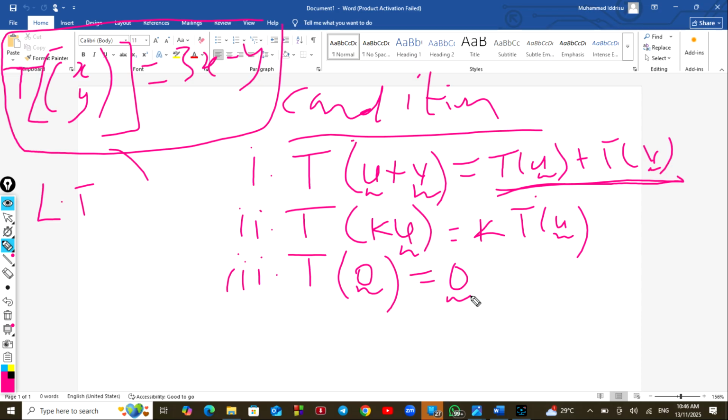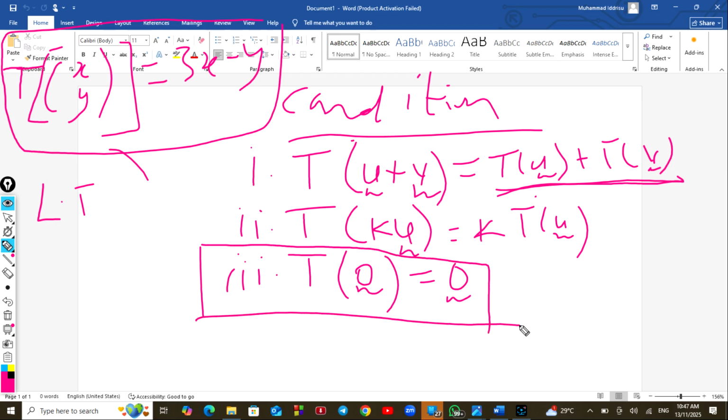So let's perform the minor condition first. Let's test it to see whether our transformation meets this condition.